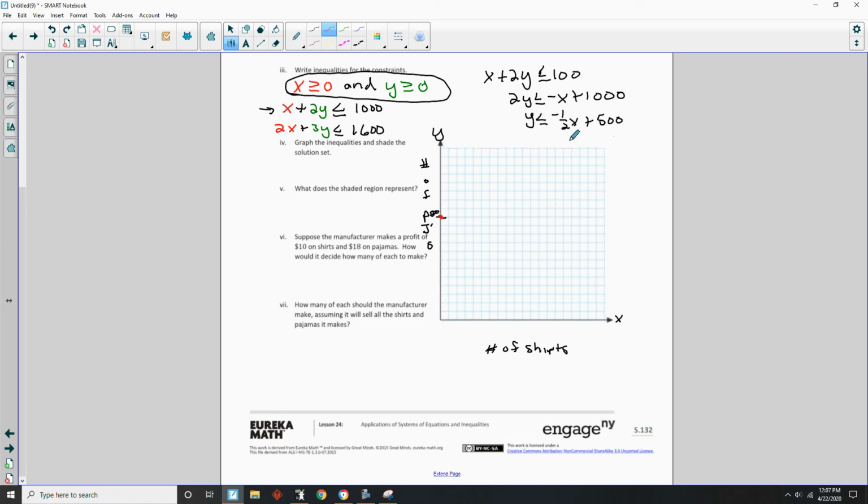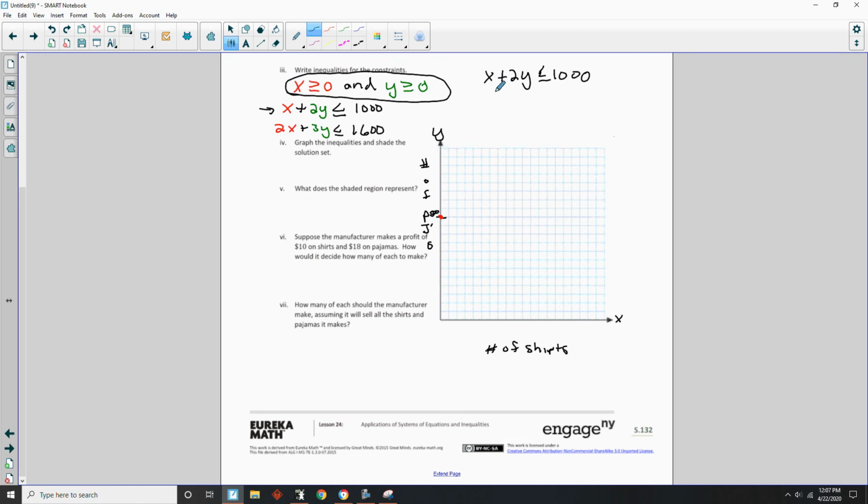Then I can choose some values here. The easiest way to do this is find your x and y intercepts, and I'll show you how to do that.